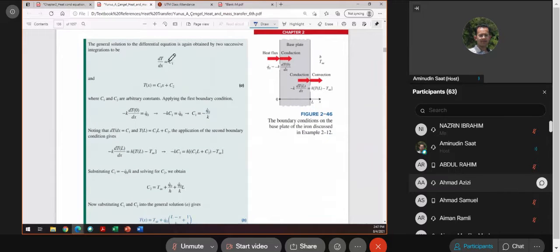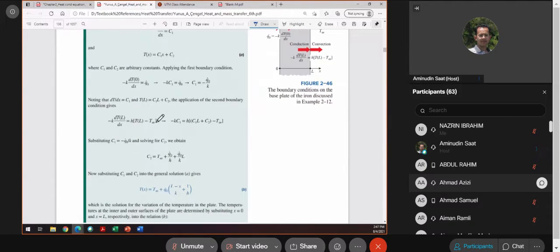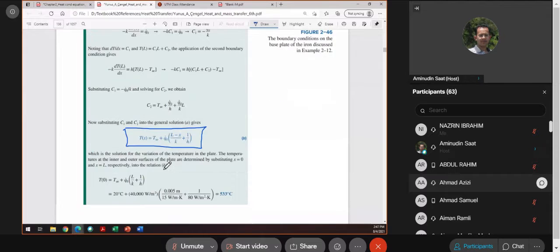You look here, from here they integrate to find the value, and finally you get this term of temperature variation as a function of wall thickness, with regard to the boundary conditions of heat flux and heat transfer by convection. You can see it's totally different from when the boundary condition uses constant temperature.